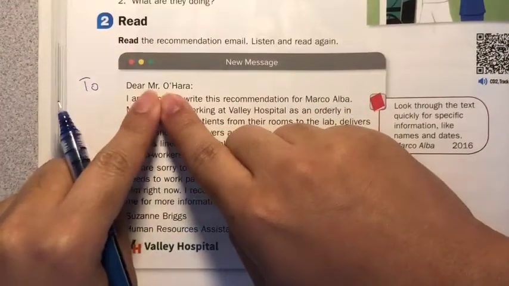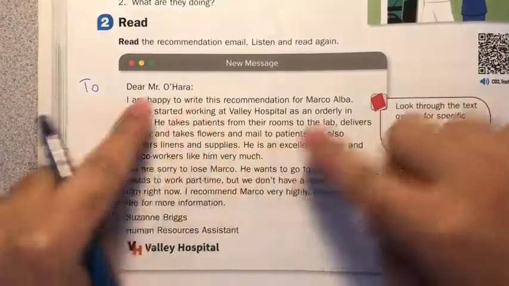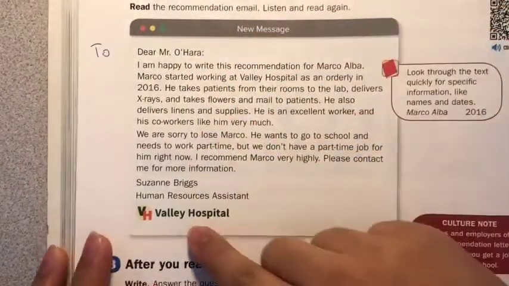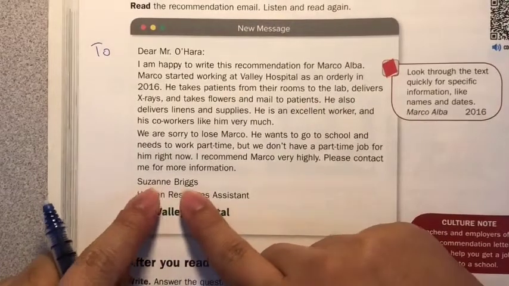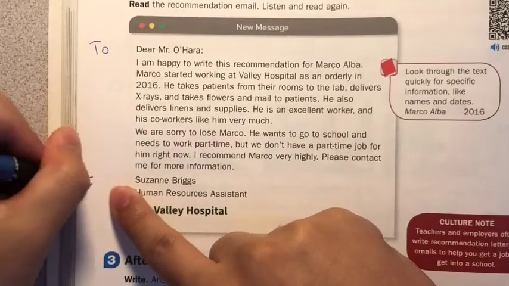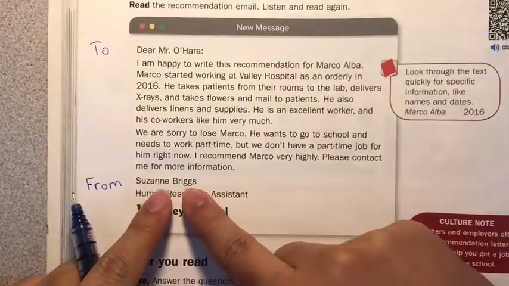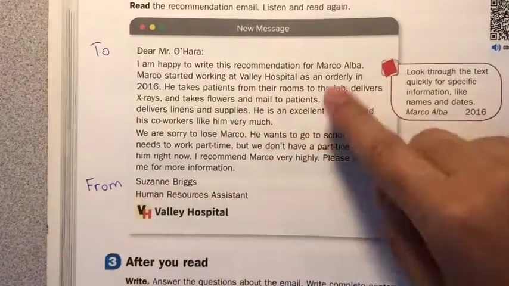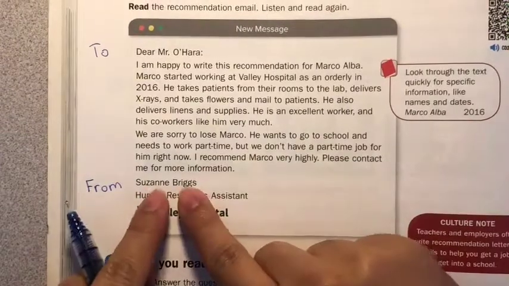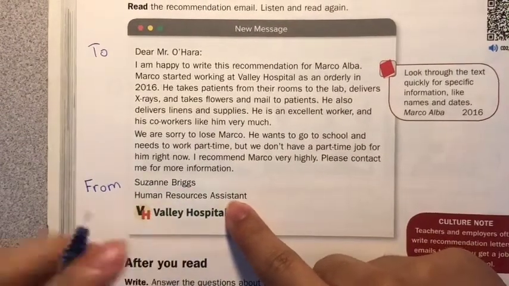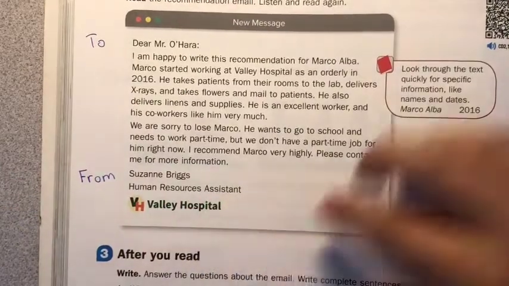This is who the email is for. So this email is for Mr. O'Hara. At the bottom, we see the name Suzanne Briggs. So this means this email is from Suzanne Briggs. Suzanne Briggs wrote this email. Suzanne Briggs is a human resources assistant. So she helps people find jobs.